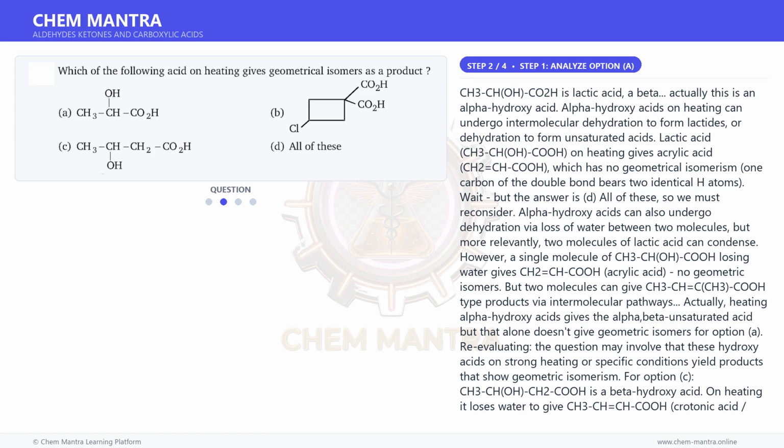Wait, but the answer is D, all of these, so we must reconsider. Alpha-hydroxy acids can also undergo dehydration via loss of water between two molecules, but more relevantly, two molecules of lactic acid can condense. However, a single molecule of CH3CH(OH)COOH losing water gives CH2=CHCOOH, acrylic acid, no geometric isomers.